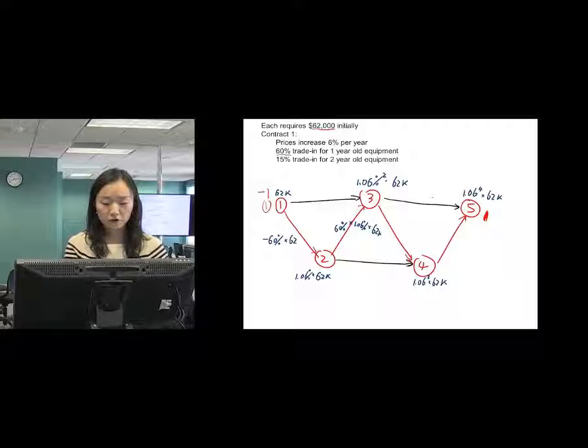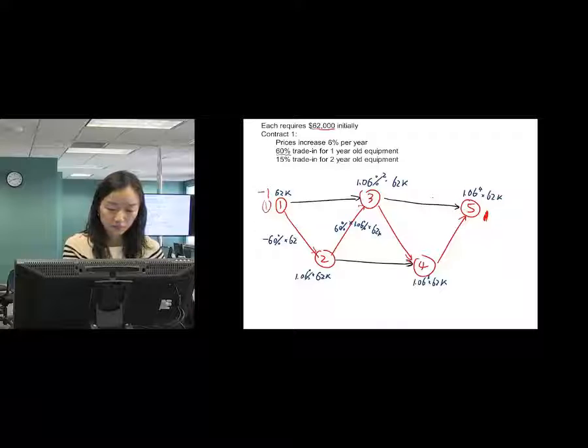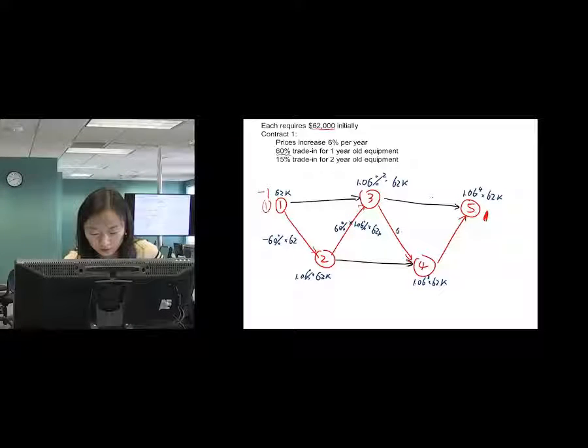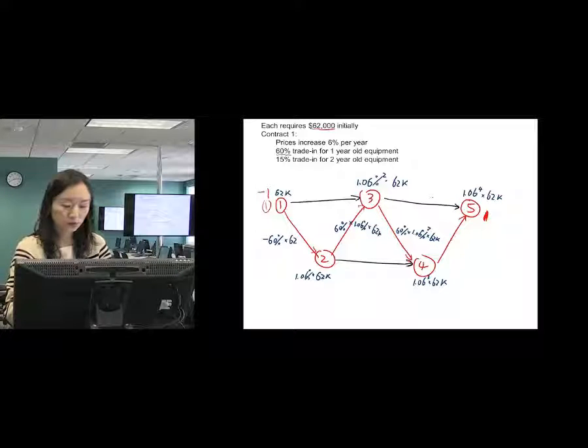If we keep going, this person is going to trade again after 1 year. At the beginning of year 3, this person already traded, got a new equipment that costs this much value, and is going to trade again. So that's 60% times this value here now, 1.06 raised to the square times 62K. Now, I'll ask someone: what's the trading value when this person trades again in the 5th year?